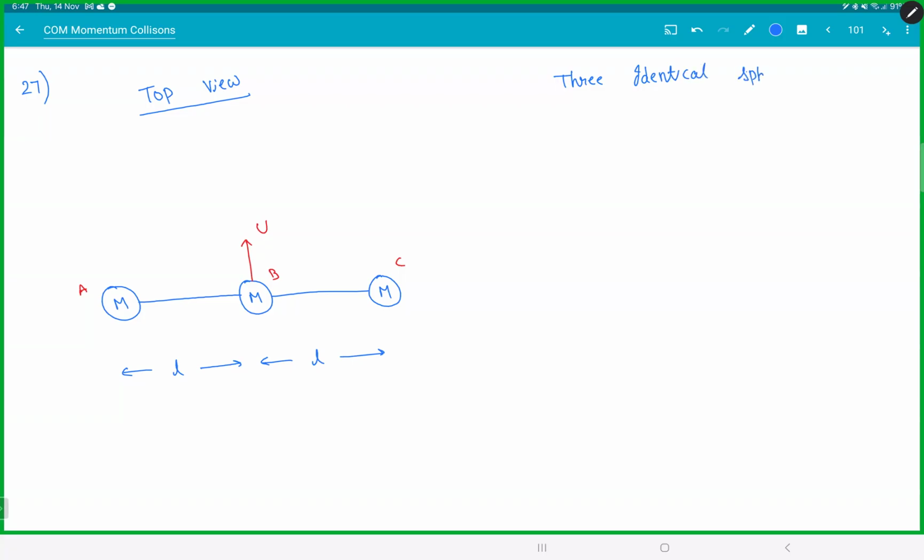So 3 identical spheres connected by strings are placed on a smooth horizontal floor. So there's no gravity and stuff.